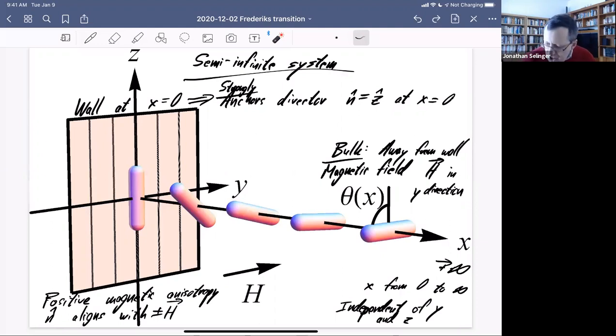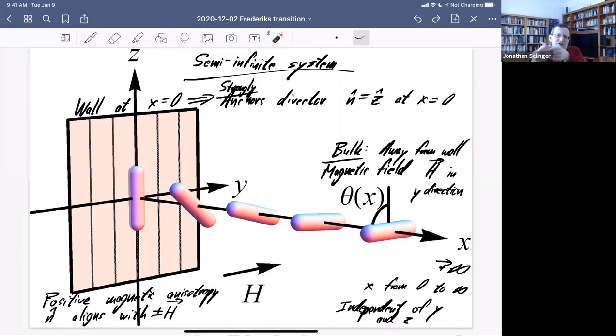So one way to deal with this is we can start by assuming that the director is everywhere in the YZ plane, right? That is, the director over here is in the Y direction. Over here, it's in the Z direction. In between, probably rotates between Y and Z like this.